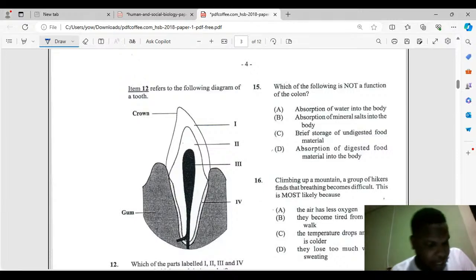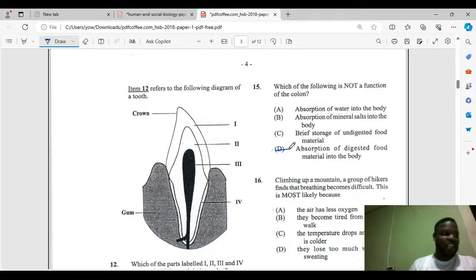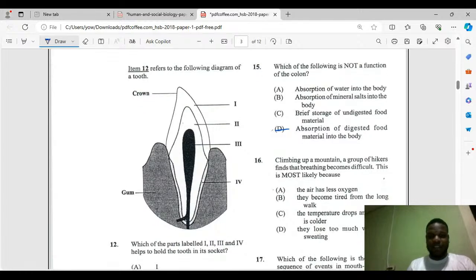Let's go with the answers. So you're saying D, and D is absolutely correct because the colon does everything else except absorbing digested food. That is done in the small intestine, right? Where there's the ileum, the jejunum, and all those things.